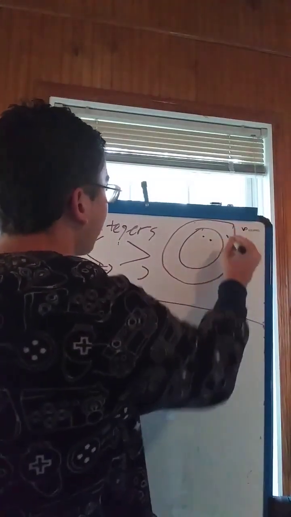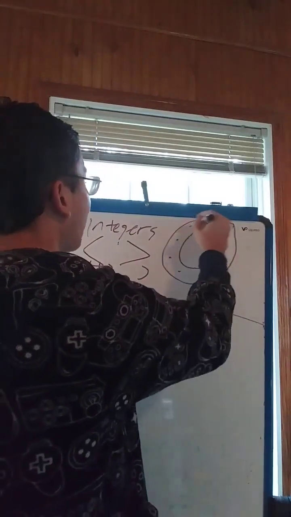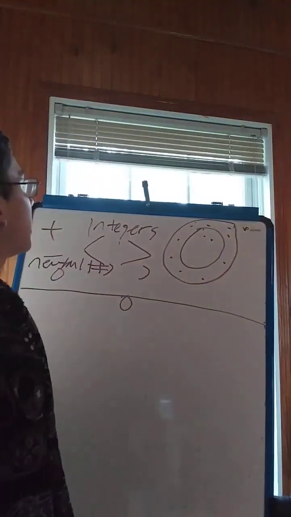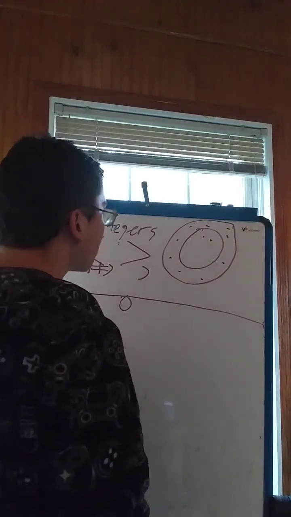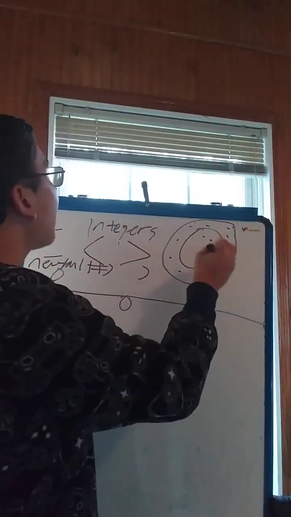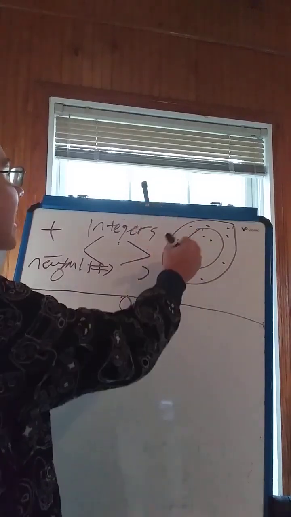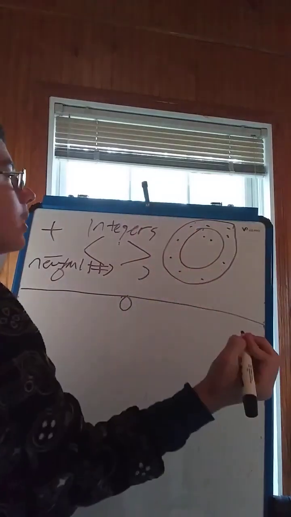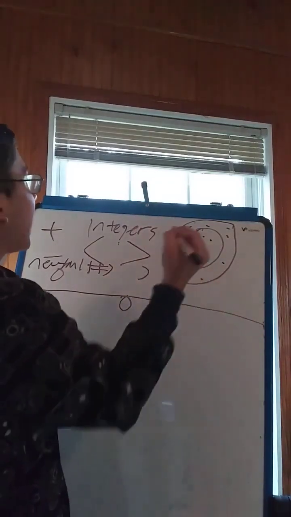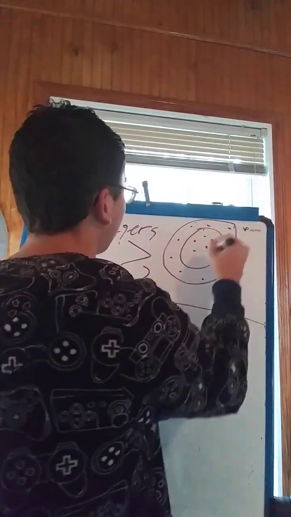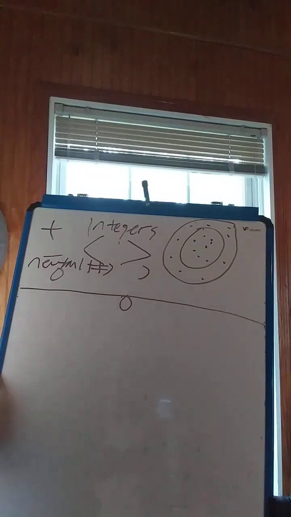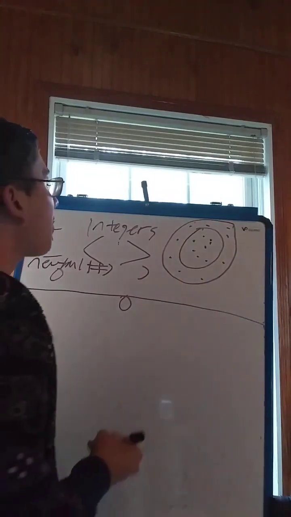We have all the electrons orbiting around. You know that the protons have a positive charge. Electrons have a negative charge. But what about the neutrons? They go in the nucleus, the center of the atom, with the protons, and they have no charge. They just put in more bulk.